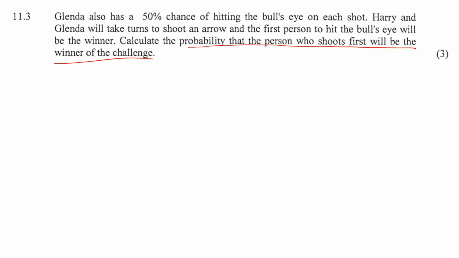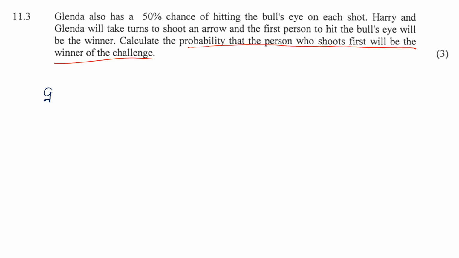To do this, we're going to use a tree diagram. Between Harry and Glenda, let's choose Glenda to be the person who shoots first. Then we look for the probability that Glenda, shooting first, will be the winner.